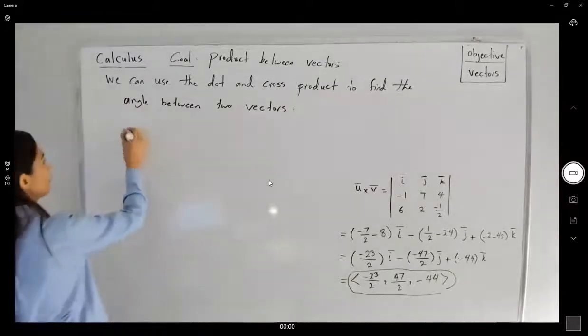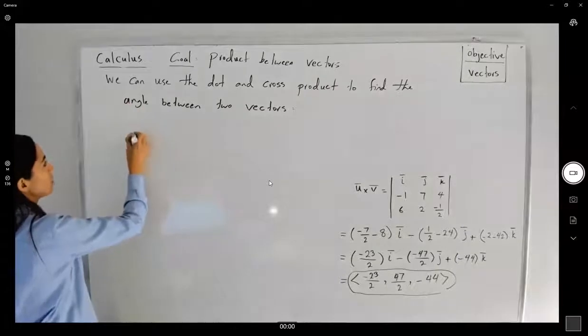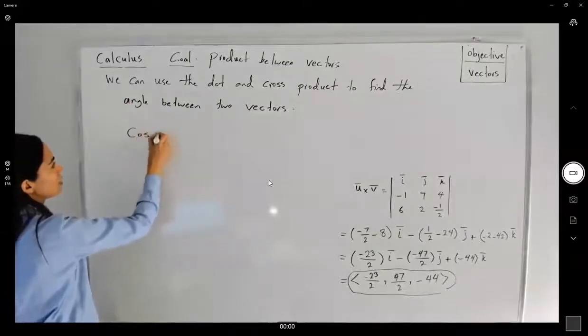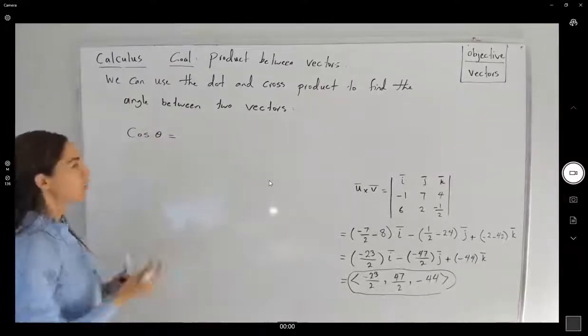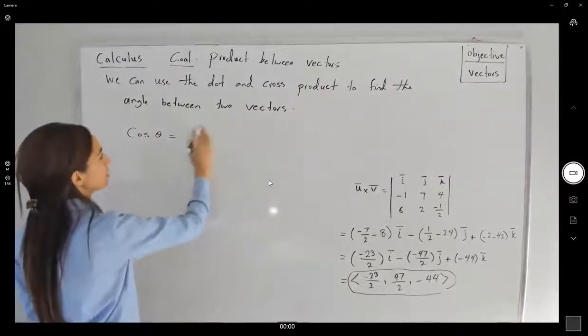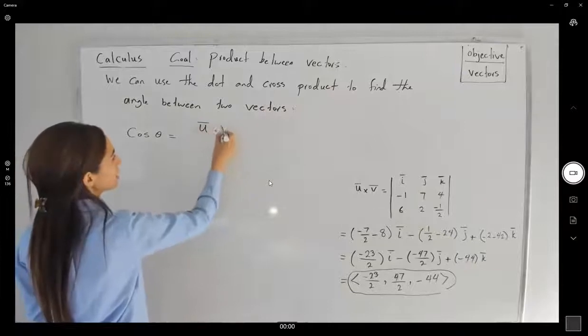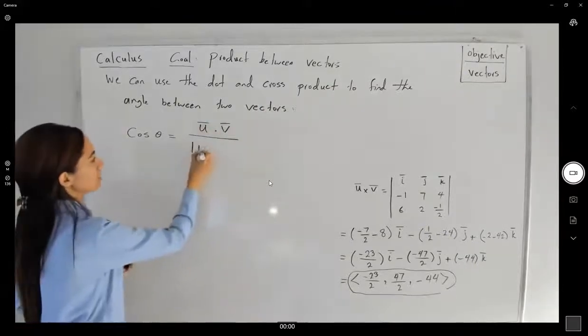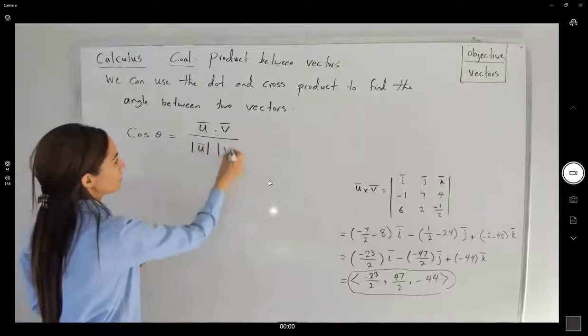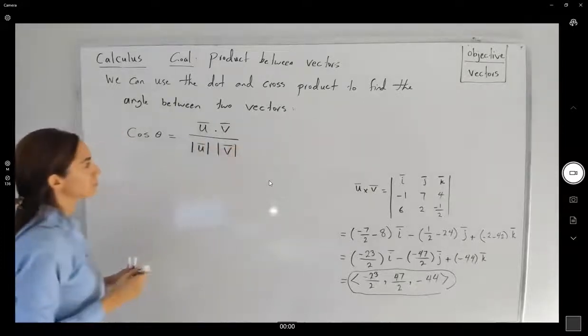The dot product between two vectors can help us to find the angle this way. Cosine theta is equal to u dot v divided by the magnitude of u times the magnitude of v.